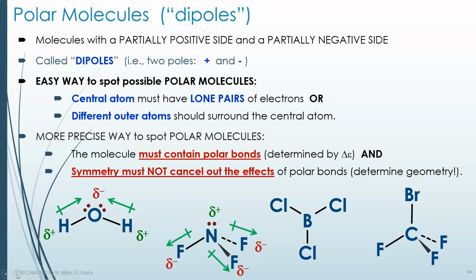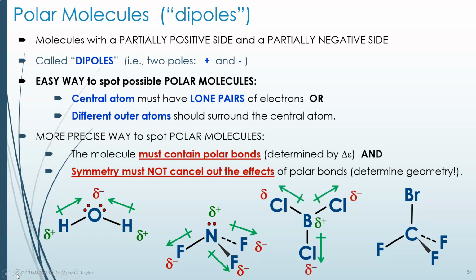If you look at the second one, the nitrogen trifluoride, here we have 3 very electronegative fluorines pulling electron density away from the nitrogen, but the 4th position is occupied by a lone pair, and therefore they can't balance off each other. They can't even up. They're not symmetrical around the nitrogen.